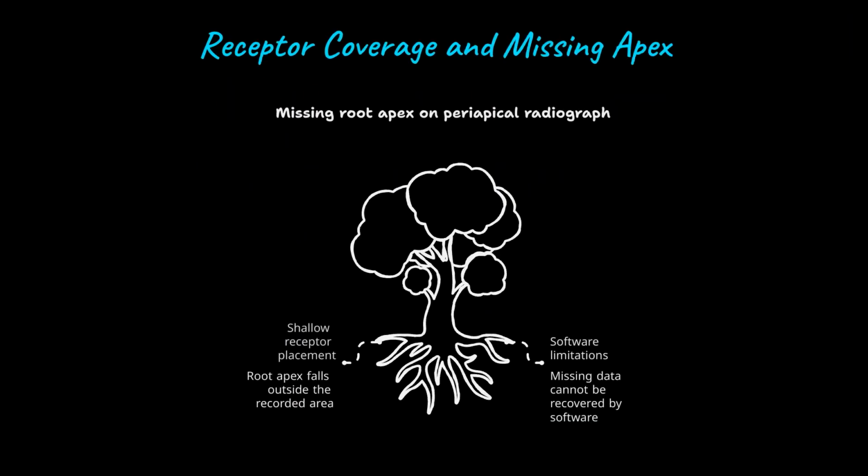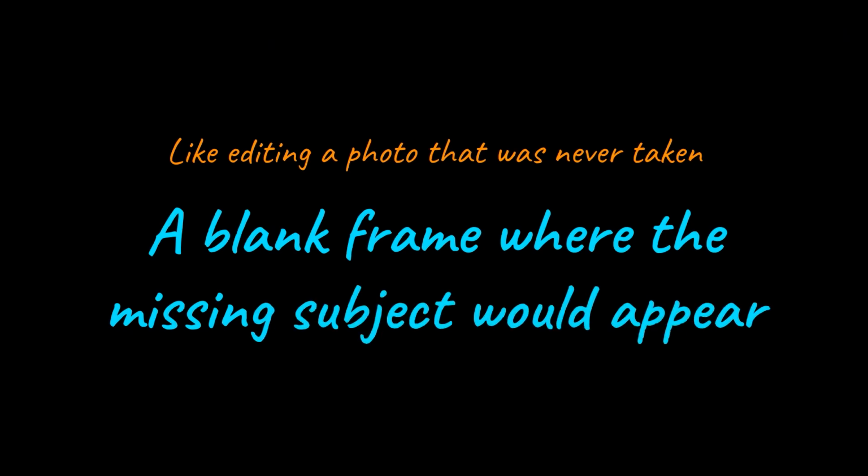Imagine a periapical where the receptor was placed too shallow and the root apex fell outside the recorded area. No brightness change, no sharpening filter, no processing of any kind can place that apex on the image, because the apex was simply never captured. Software can only reveal what is faintly present. It cannot conjure what is entirely absent.